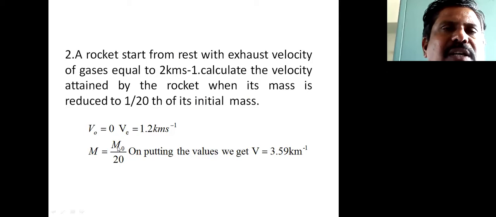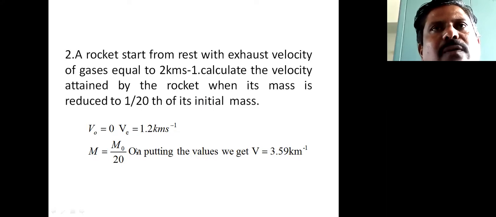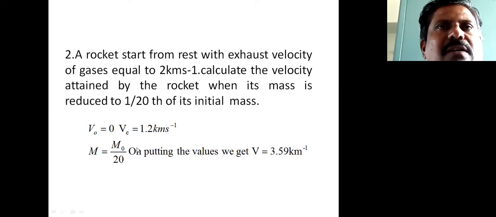So here m is m naught divided by 20. On putting these values into the equation v equals v naught plus small v into log of m naught divided by m.